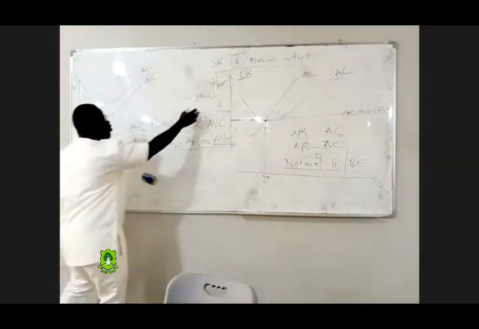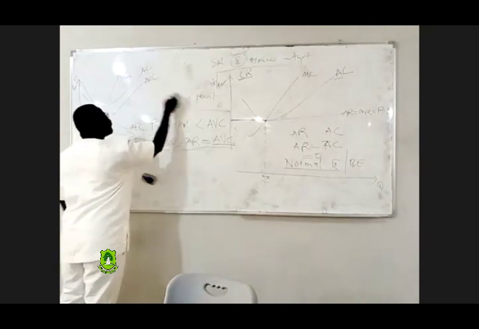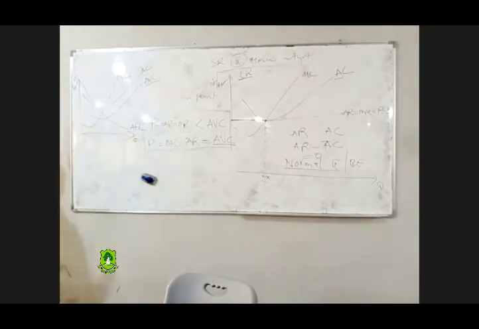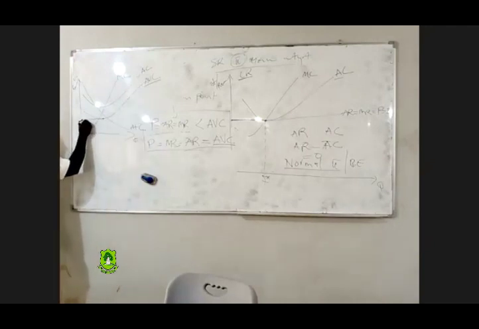Anytime you are talking of shutdown, your focus should be on average variable cost. So this is the average variable cost. What is the minimum point? It is here. That is the lowest average variable cost we will incur, which is here.